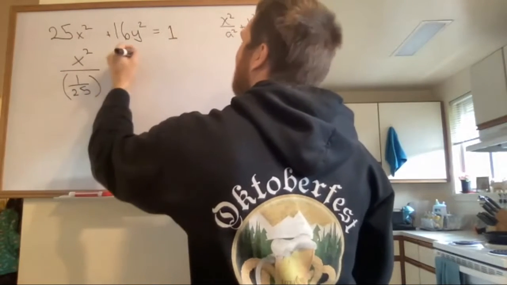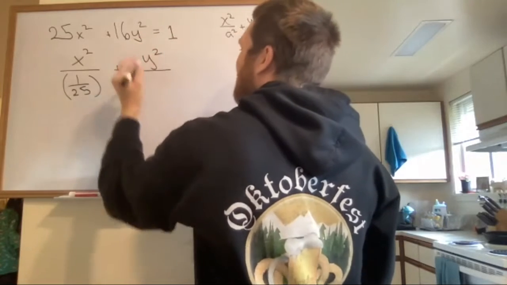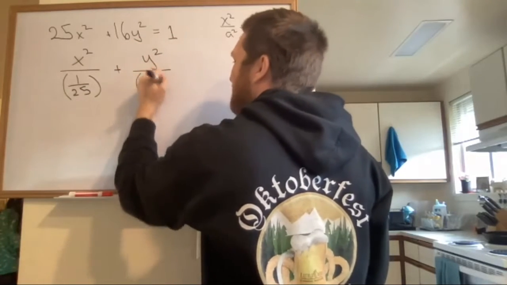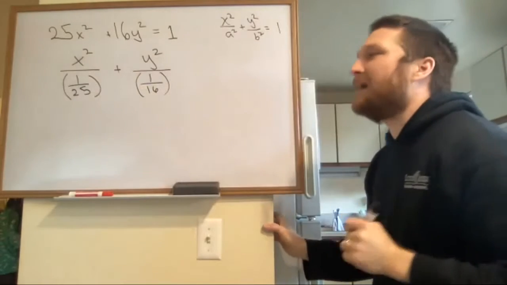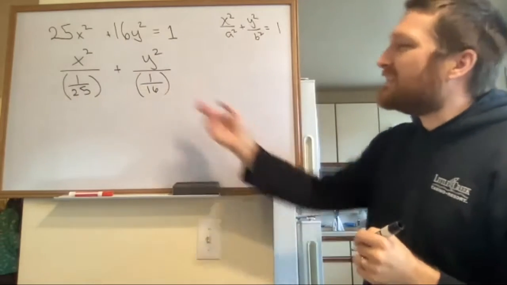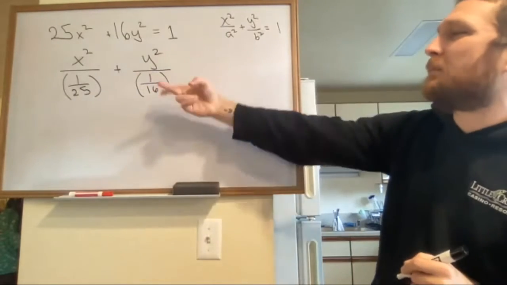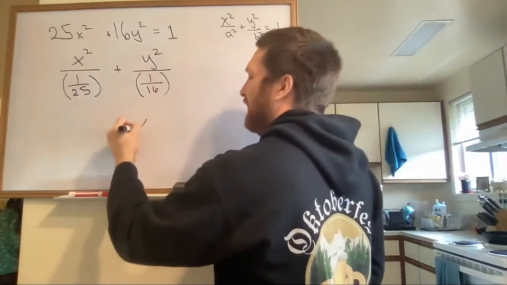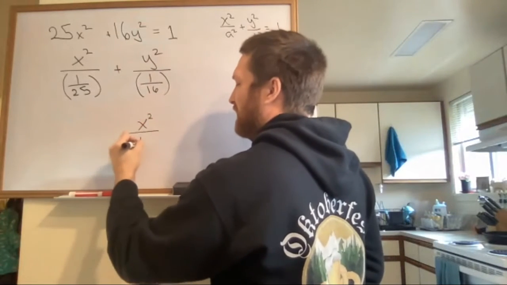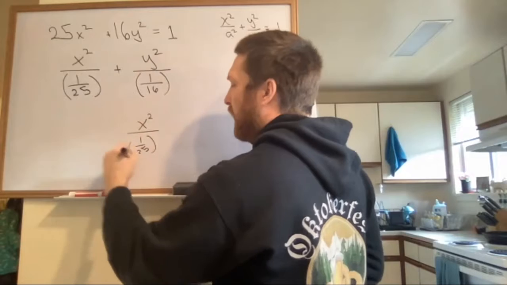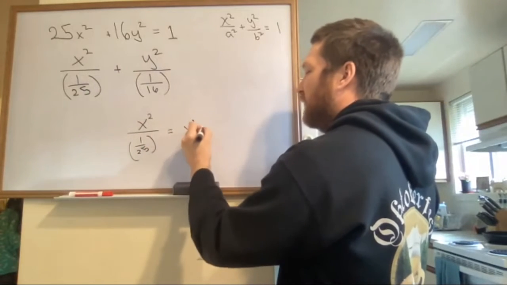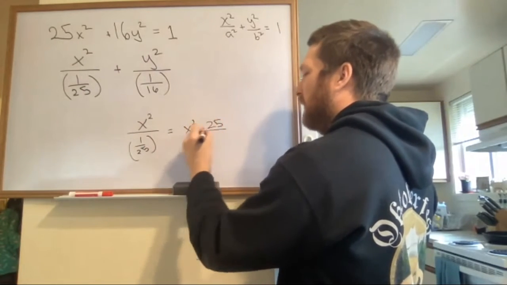Ditto with 16. You could say 16 is the same thing. Multiplying by 16 is the same thing as dividing by 1 over 16 because of that nifty little fact about multiplying by reciprocals, right? Dividing by a fraction is the same thing as taking your numerator and multiplying by the reciprocal.